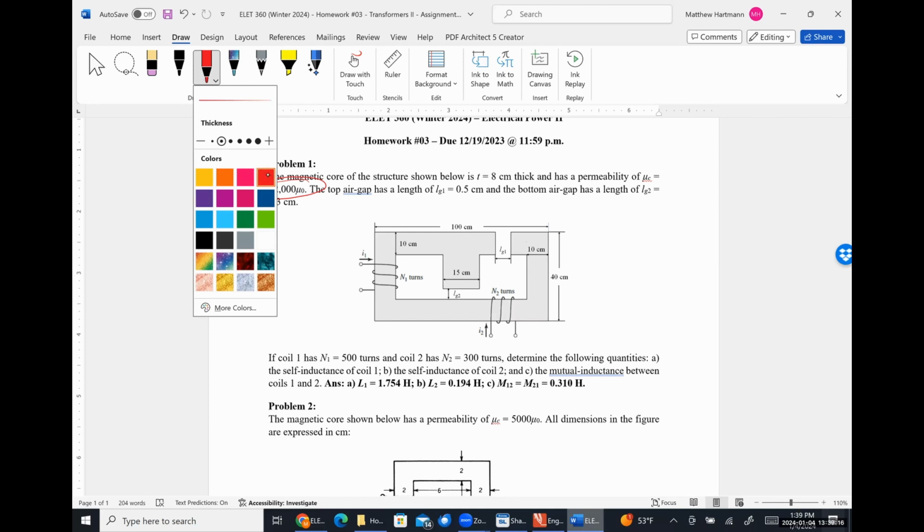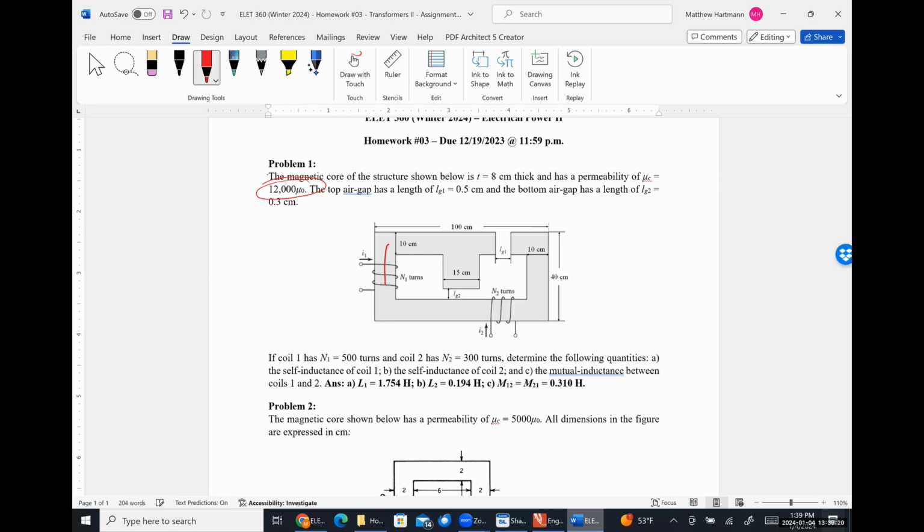So if we're looking at the flux generated by coil 1, it's going to go in this direction. Some of it's going to branch off and flow through here. The rest of it is going to branch off and flow around this way. And then these guys are going to come together and continue flowing around this path, right?